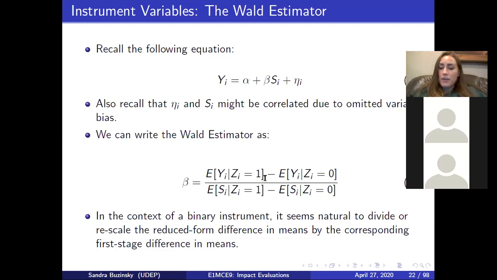And so then the denominator is our beta of our first stage regression, which is zi on si. So that leaves us with the expected value of si given zi equals 1 minus the expected value of si given zi equals 0. So this is the exact same thing as what we talked about before when we had the covariance of yi zi, covariance of si zi.